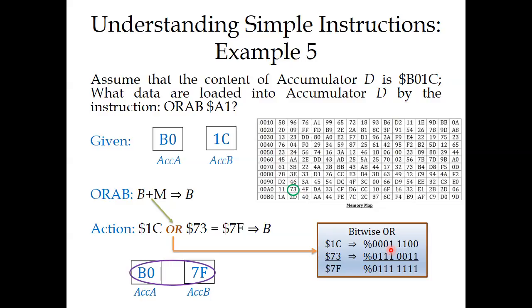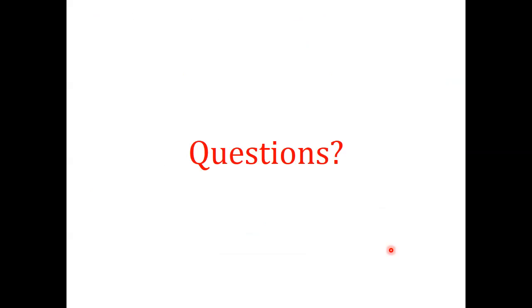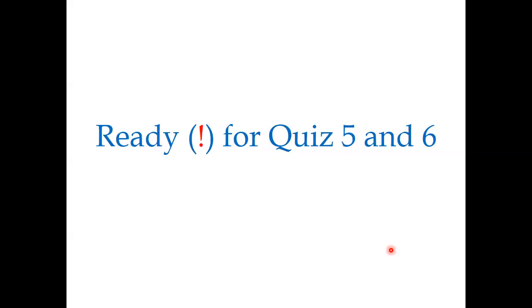That's why we have 2 quizzes on these. But before I talk about the quiz, any question up to this point? I hope we'll understand it better once we go to the quiz section. If you don't have any question, we will try 2 more quizzes for this lecture, quiz 5 and quiz 6. In both quizzes, you will be given instructions.